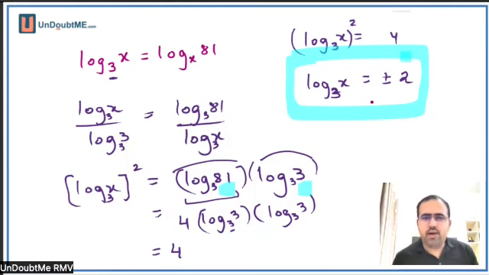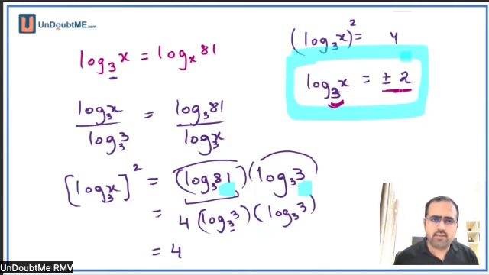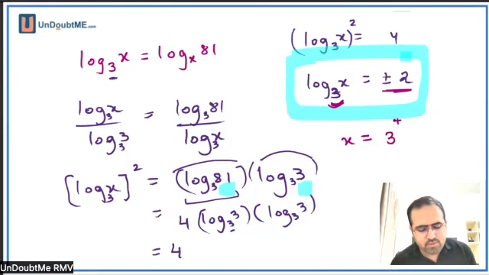After this, I have to use the anti-log thing. So what do we do in anti-log? We raise the base of log to the power of this number. I repeat, we raise the base of log to the power of this number to get the value of x. We were finding log of x. So I can get the value of x by doing 3 to the power plus minus 2.